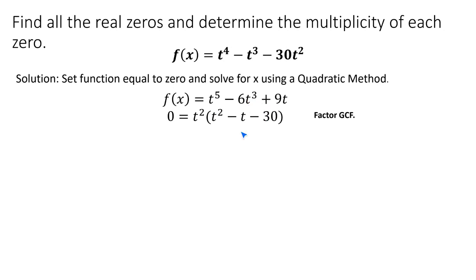So let me just cross this out for you guys. So let's not look at this here because it looks different. And let's focus on this one here. So you guys can see it's a little different.